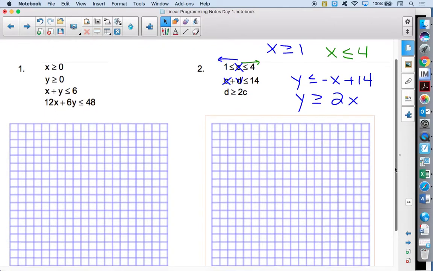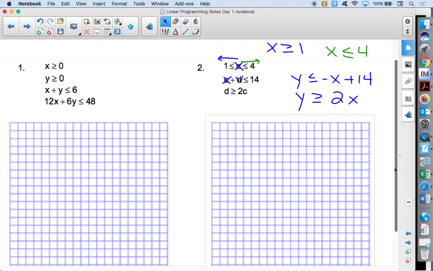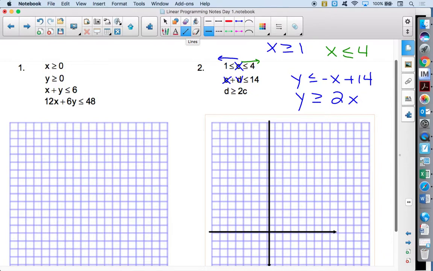So we're going to graph this. If you want to put your x and y axis in the center, you can, that's fine. If you want to move it over a little more or move it down a little further, but we need a y-intercept of 14. So wherever you put it, you need to make sure you have enough lines. So I'm going to just make mine slightly off. But we have to draw that.